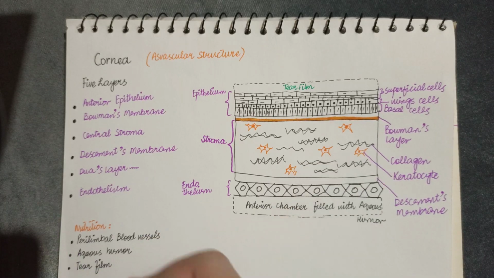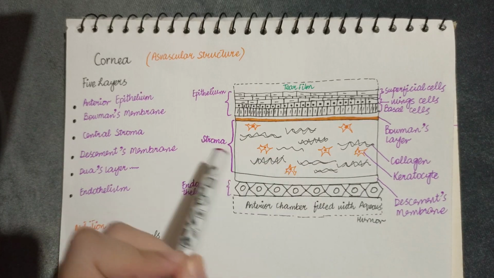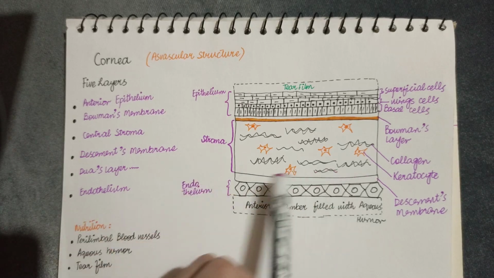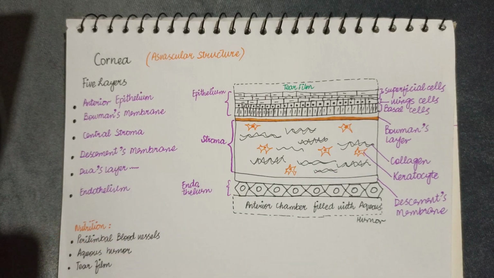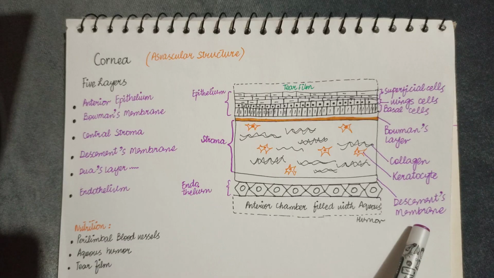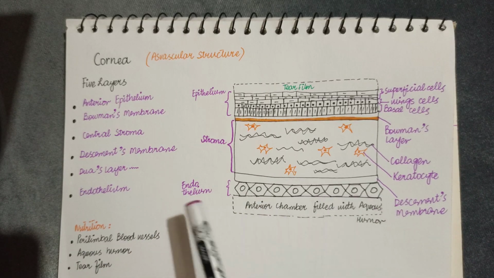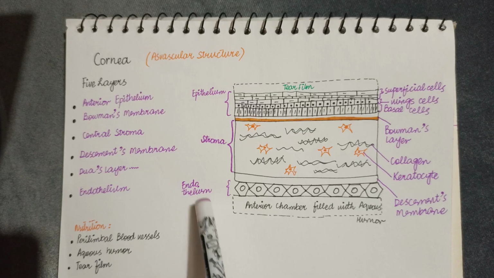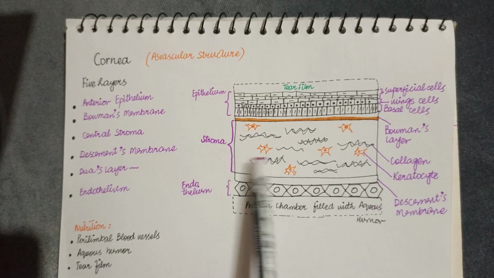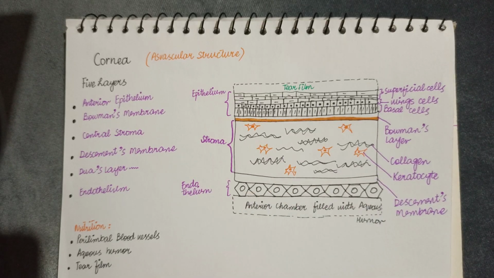Keratocytes are special cells that are present in the stroma. And after stroma, there comes Dua's layer, which was also named pre-Descemet's membrane. After Dua's layer, Descemet's membrane is present, and the last layer of the cornea is endothelium layer. It consists of single layered hexagonal cells.